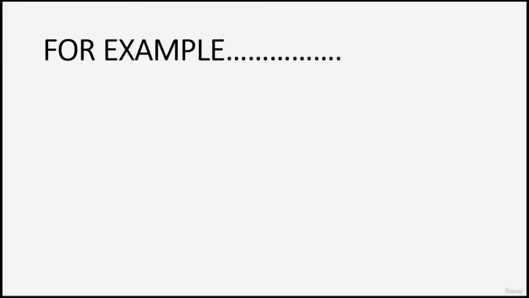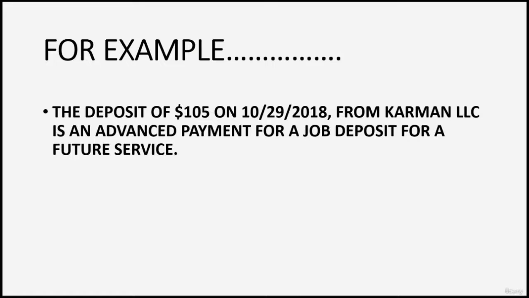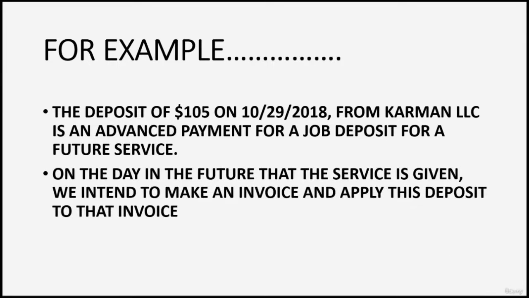For example, let's imagine that I have a $105 deposit that I received on October 29th from Carmen LLC, and this is an advance payment for a job deposit for a future service. On the day in the future that the service is given, we intend to make an invoice and apply it to that future service.